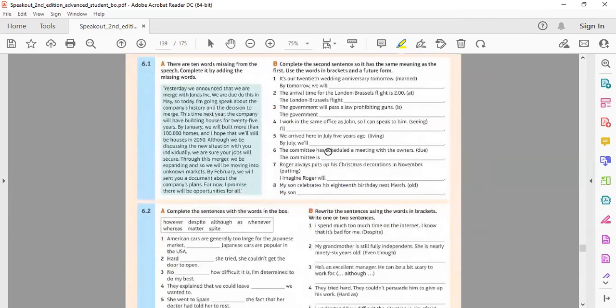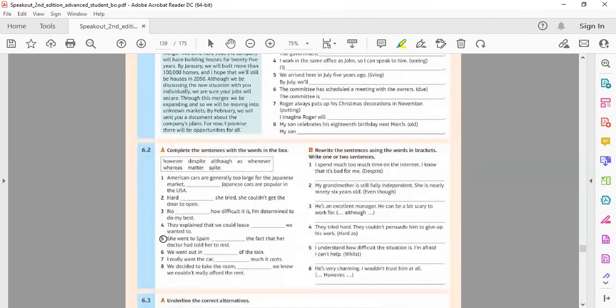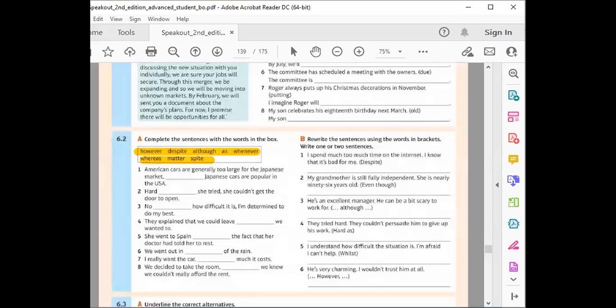All right, now it's time to practice. Here you have 8 sentences and I want you to complete the sentences with the words from the box. And the words from the box, of course, are the tools or the words we just studied. Go on, please.